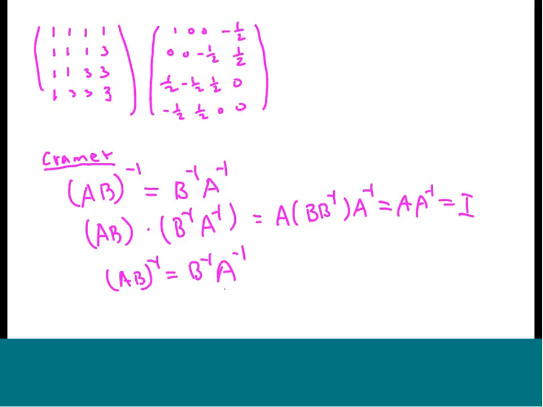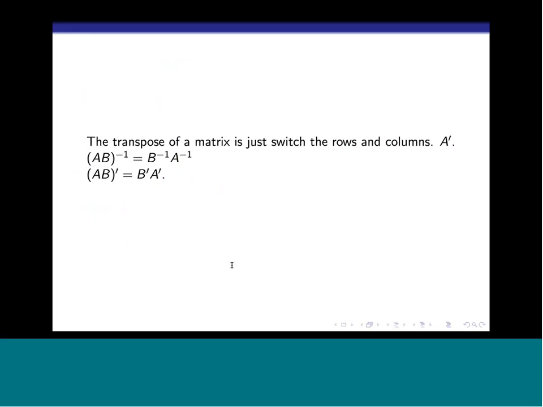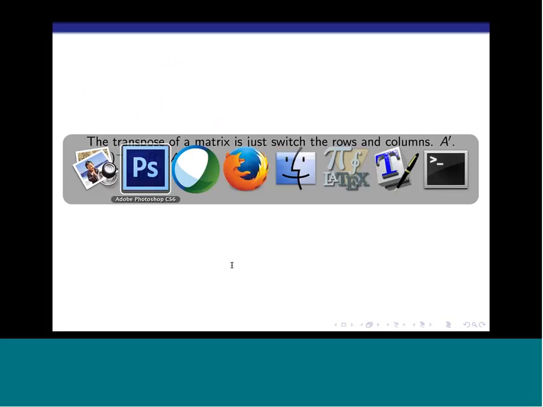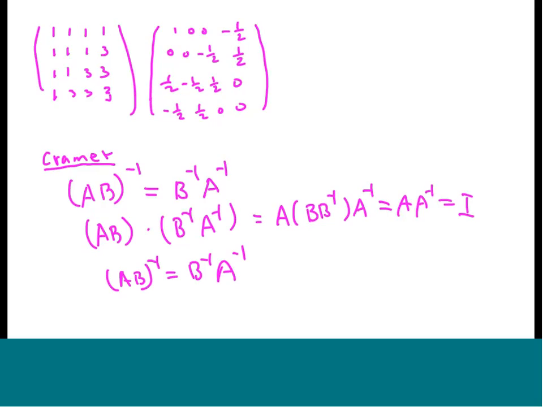Actually, matrix is a very complicated topic. There's another thing called the transpose of a matrix. What that means is to switch the rows and the columns. Let me show you. For example, 1, 2, 3, 4. The transpose is usually denoted with a prime; some books use T. So just change 1, 2 here, then 3, 4 here.